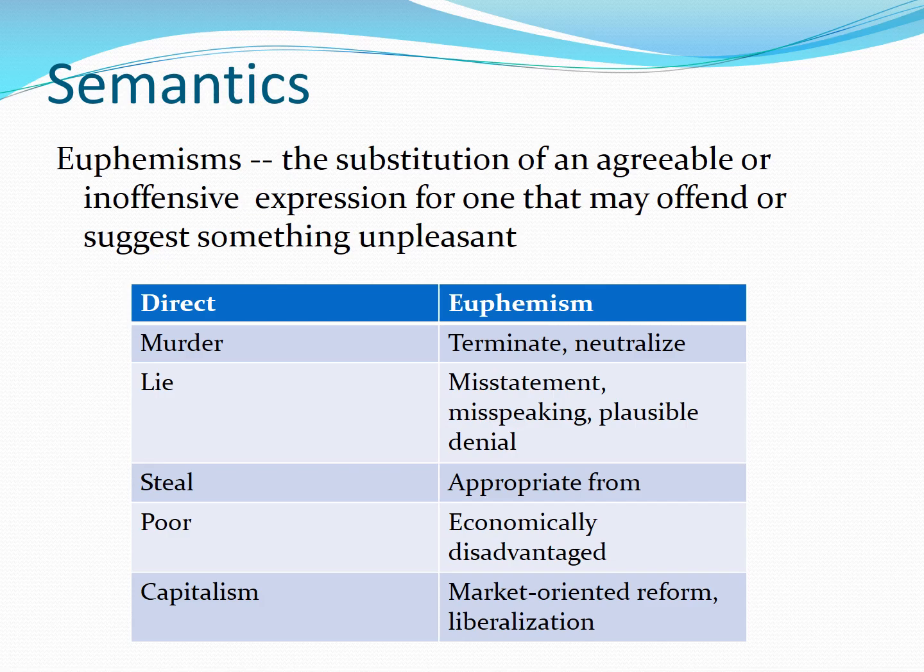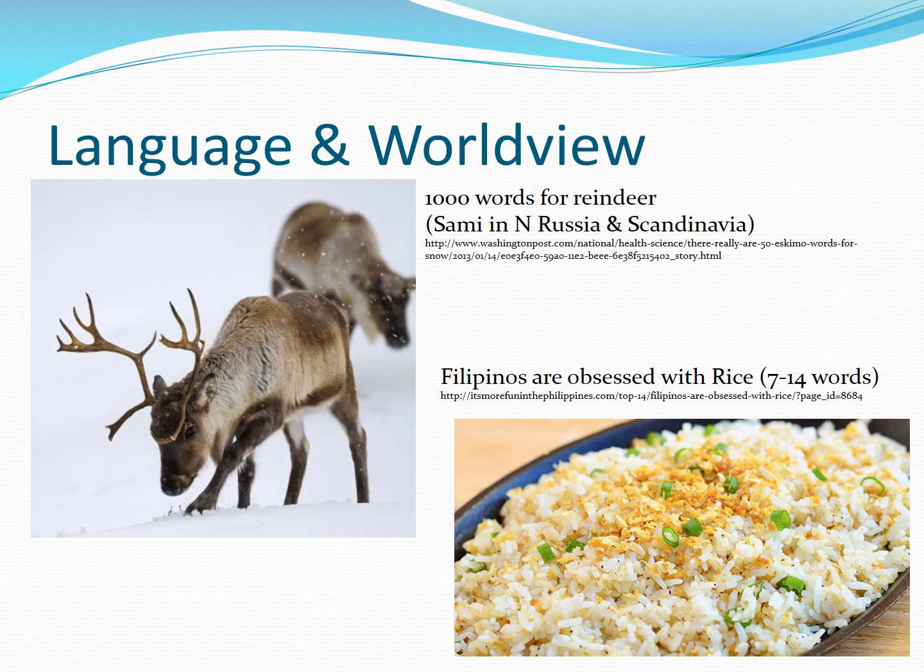But it's harsh to say that something was stolen. We might say instead of someone is poor, they're economically disadvantaged, or instead of saying that someone is homeless, they are temporarily displaced. We have all different ways of saying something, but we use whatever language, whatever semantics are given to us.